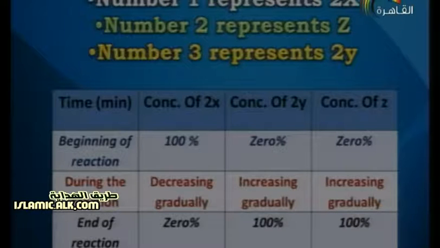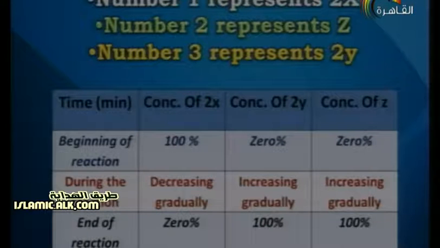Why? Because in the beginning of the reaction, we have no product. Another one, the concentration of Z. Z is the second product here. So it's 0% also. Why? Because it is not formed yet. After that, during the chemical reaction, the concentration of 2X decreases gradually.